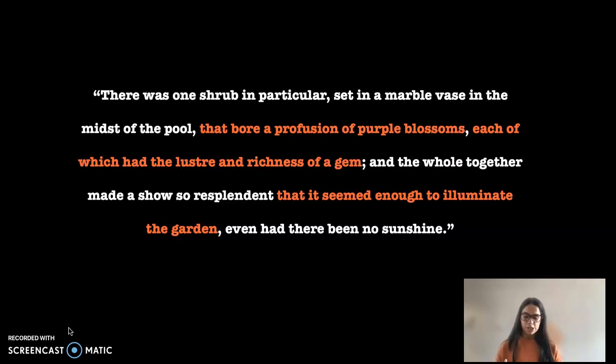So he uses three dependent clauses to contribute the importance of the shrub in the independent clause. Readers are forced to focus on the dependent clauses "that bore a profusion of purple blossoms," following with "each of which had the luster and richness of a gem." And then leading readers back to the primary object, he's saying that "it seemed enough to illuminate the garden."